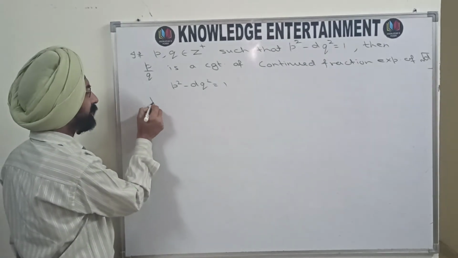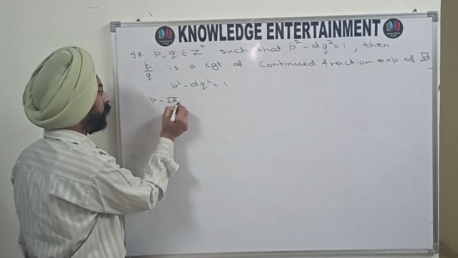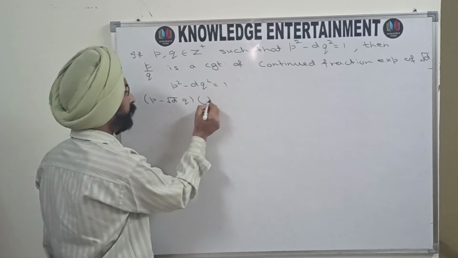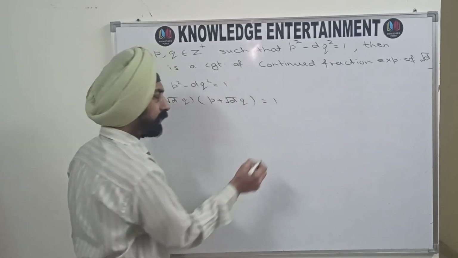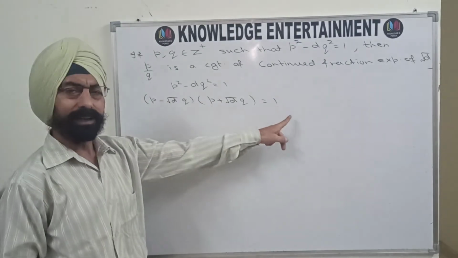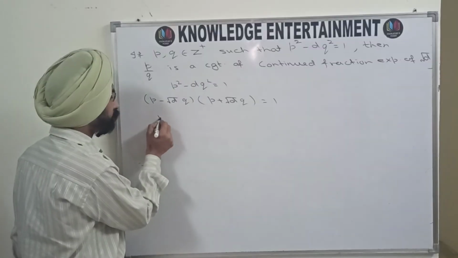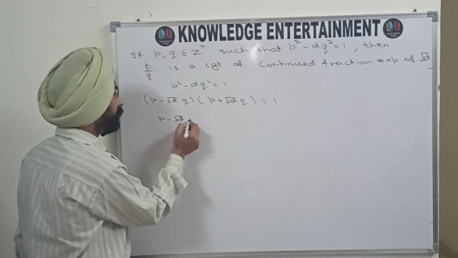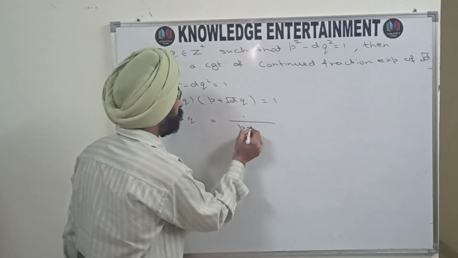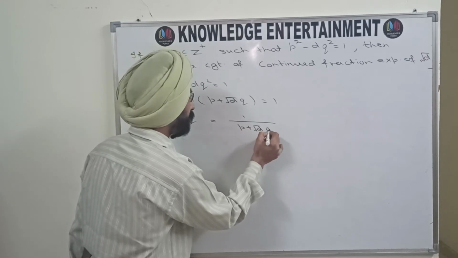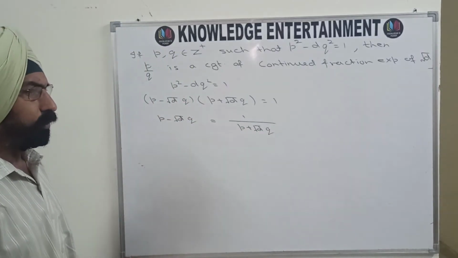So you can factorize it as (p minus root d q) into (p plus root d q) is equal to 1. Take this to the right hand side. That means p minus root d q is equal to 1 upon (p plus root d q).